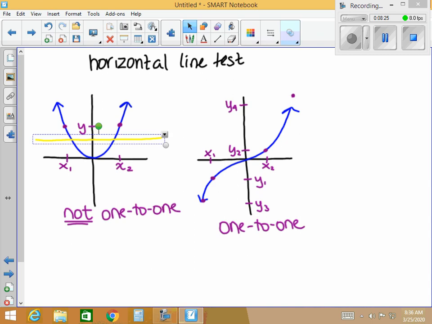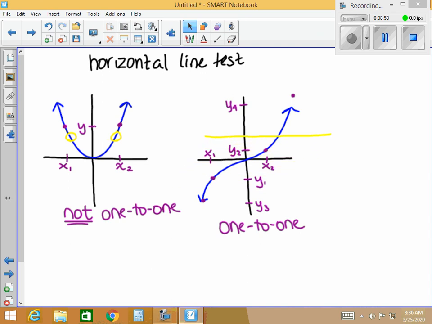The vertical line told me that it was a function. This is a function, that's a function. But if I make that line horizontal now, if I can draw even one horizontal line that intersects 2 or more times on my graph, then I know it's not a one-to-one function. Still a function, it's just not one-to-one.